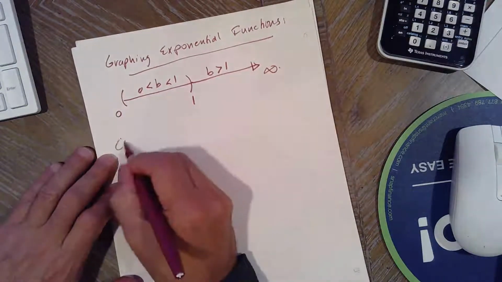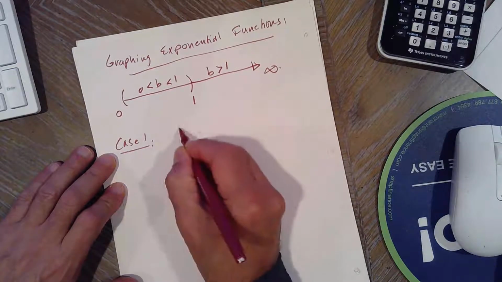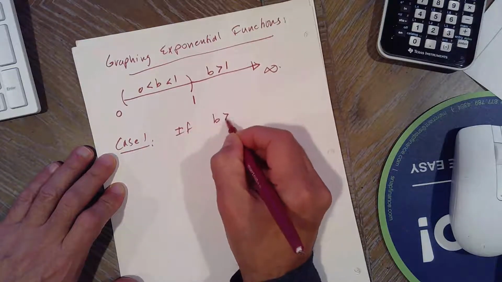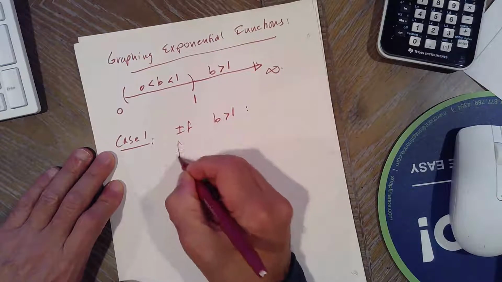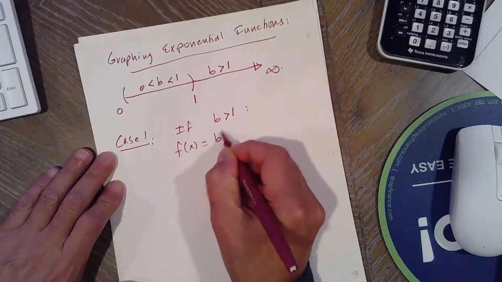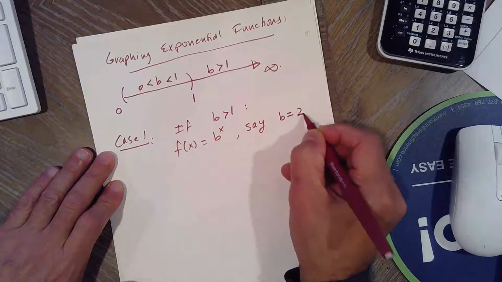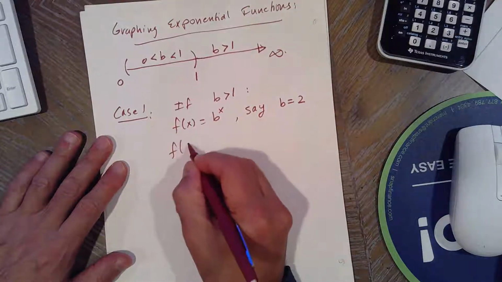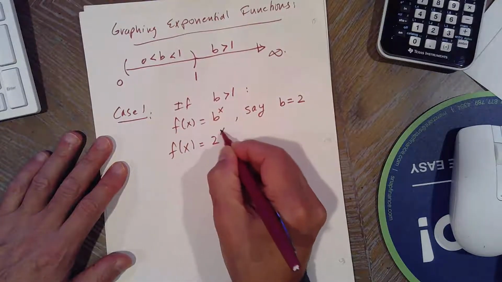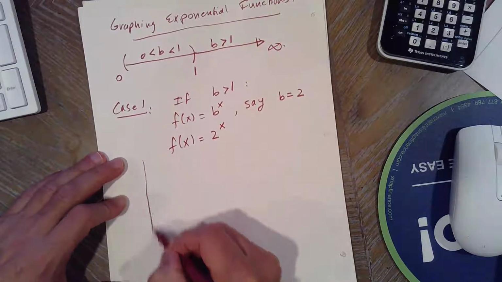If the base is greater than 1, okay, so f of x equals b to the x. I'm gonna pick the easiest number greater than 1, which is 2. So f of x equals 2 to the x. I'm gonna make a t-chart.